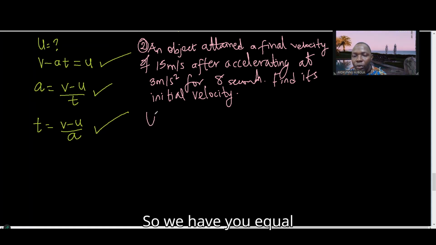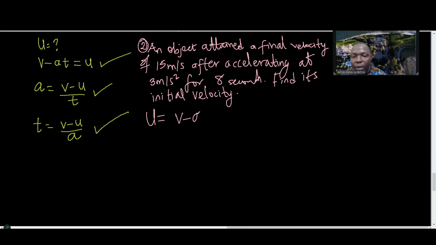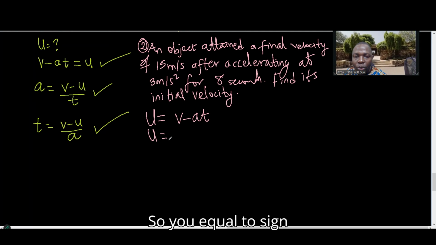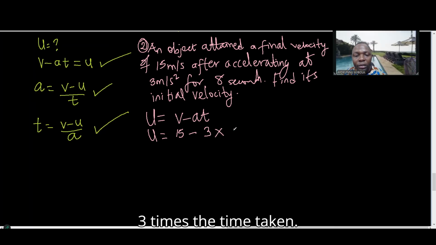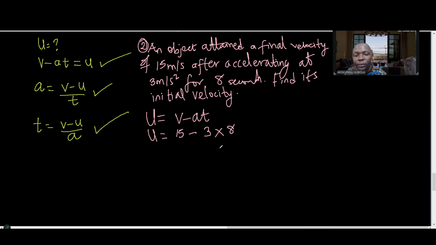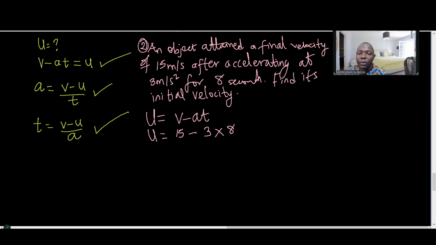Initial velocity. So we have u equal to v minus at. So u equal to final velocity 15 minus acceleration 3 times the time taken. This is kind of going to give me negative.